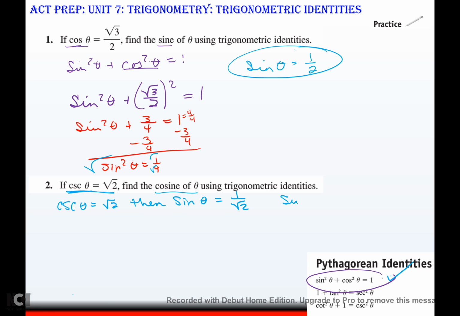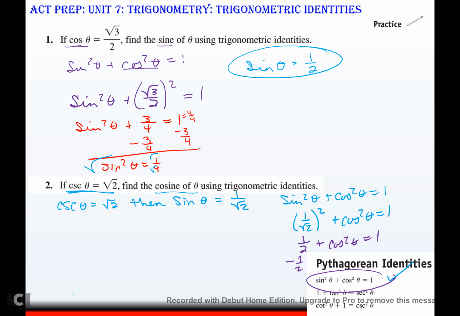So now when I do sine squared theta plus cosine squared theta equals 1, sine squared theta is 1 over the square root of 2 squared, plus cosine squared theta equals 1. That is going to give me 1 over 2 plus cosine squared theta equals 1.